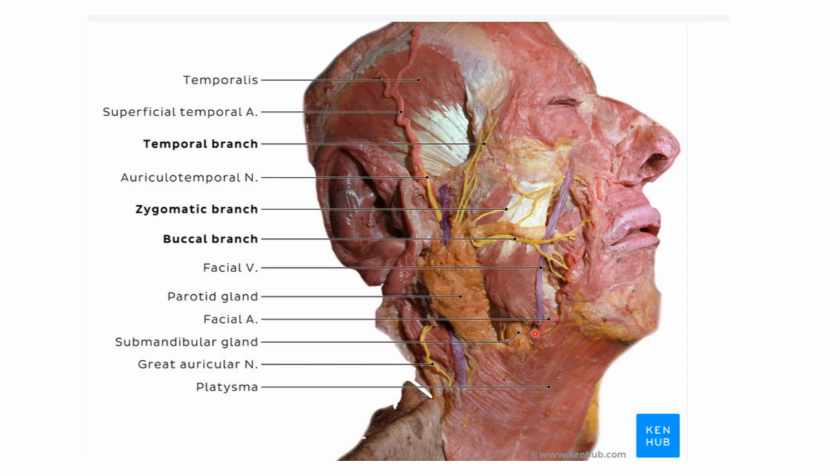Below that, it forms the common facial vein, which then drains into the internal jugular vein. So this is how it provides its drainage. So this is your facial vein.